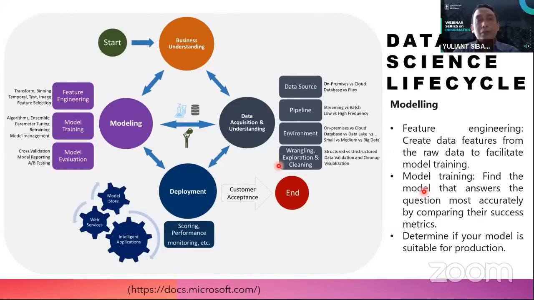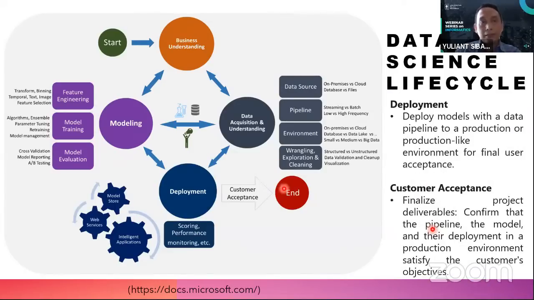And after we get the best model or best classifier, then we continue with deployment. The last process is deployment. We deploy the model with a data pipeline to a production-like environment for final user acceptance.